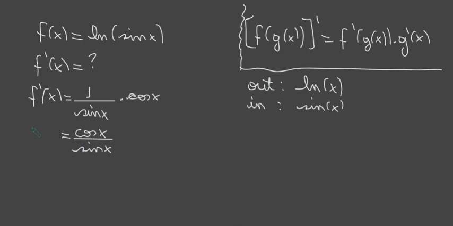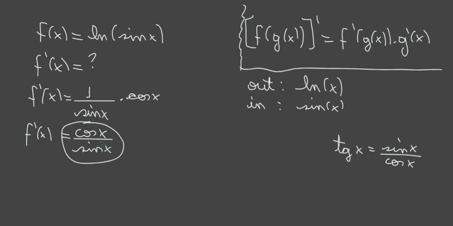Do you recognize this expression on the right side? Do you have some nicer formula for it? Well, let's remember that tangent of x is sine of x divided by cosine of x. Okay, here is just the inverse.